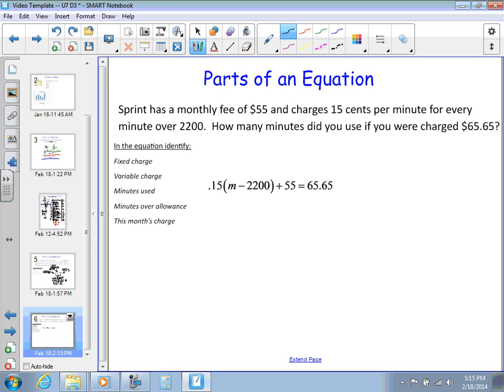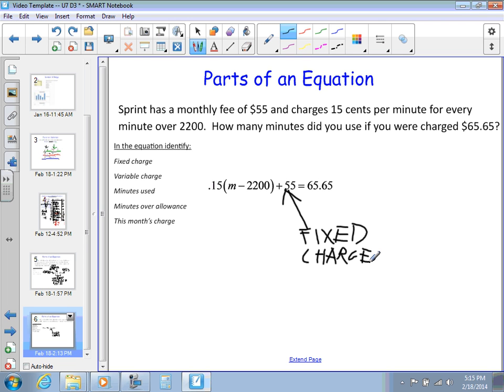So first of all, my fixed charge is right here. This is the amount that I get charged every month, regardless whether I use my phone or not.